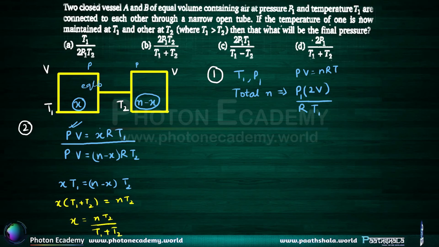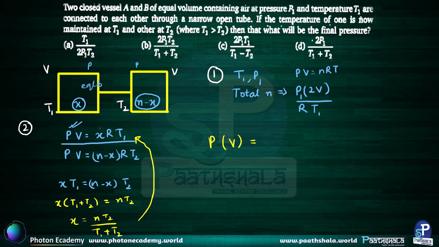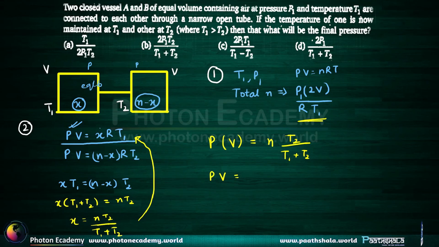So we have to plug this into, let's say, equation 1. So P into V is equal to n, the total number of moles, into T2 divided by (T1 plus T2). So P into V is equal to, now let's just plug in the value of n from here, P1 into 2V divided by RT1, R T2 divided by (T1 plus T2), right?